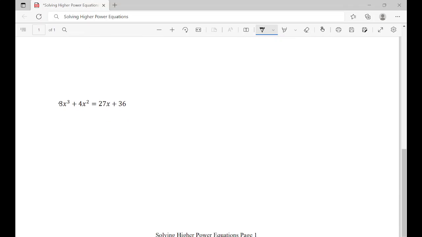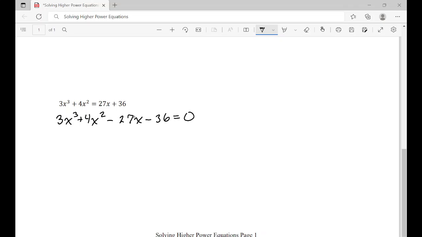Last, I have 3x cubed plus 4x squared equals 27x plus 36. Just like with the first one, I got to set the whole thing equal to 0, so I'm going to subtract the 27x and the 36 over. So I'm going to get 3x cubed plus 4x squared minus 27x minus 36 equals 0.